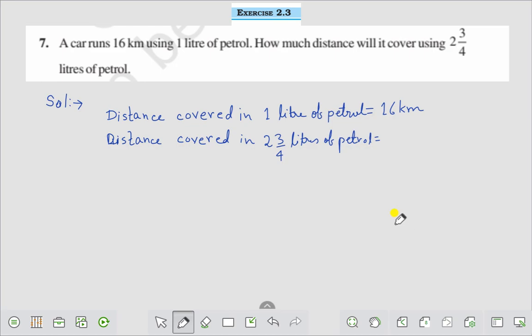Here you see that in 1 liter the car travels 16 kilometer. Therefore, in 2 liter it will cover 16 into 2 kilometer.